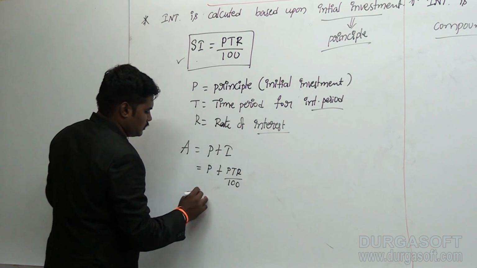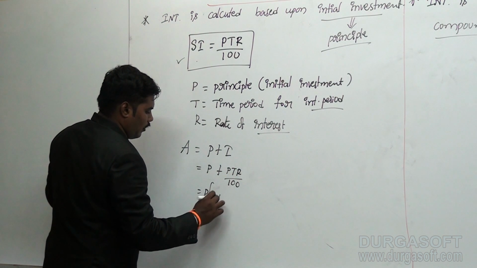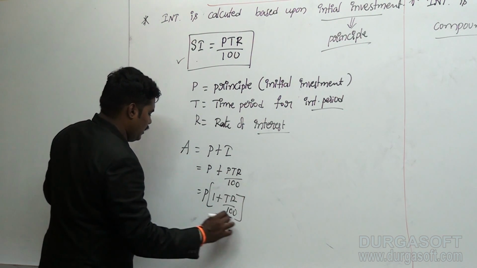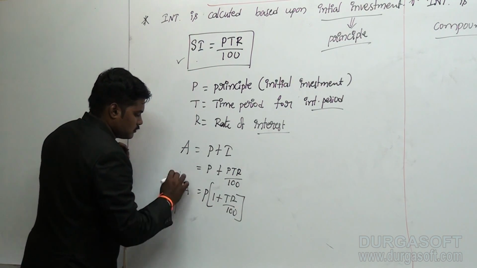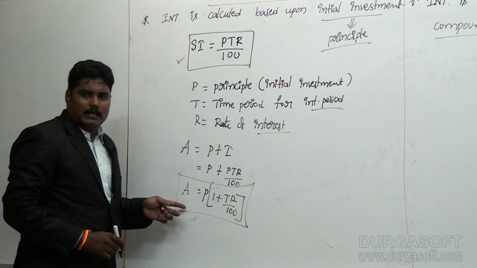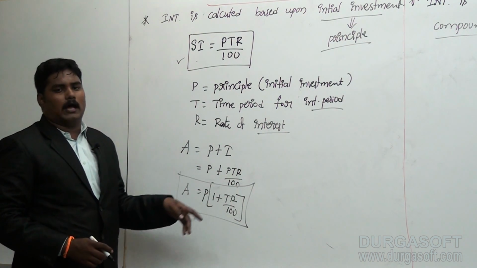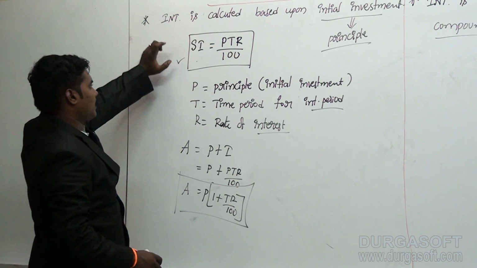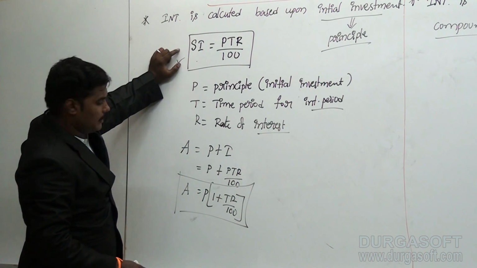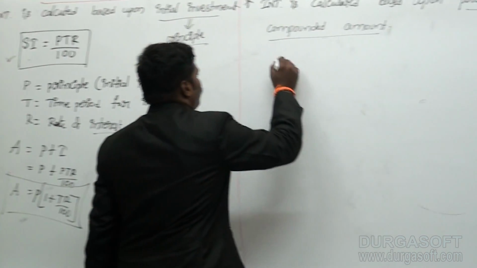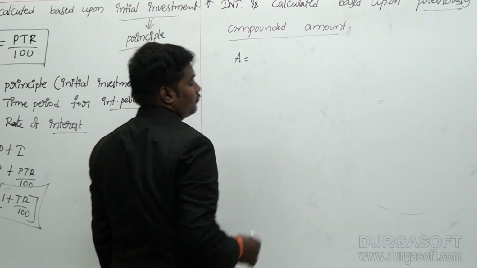When you take P common, you get P times 1 plus TR by 100. This is nothing but the amount after T years. Here A is the amount, T is the time, and R is the rate of interest. In simple interest, we first calculate the simple interest and next the amount, whereas in compound interest, we have to calculate the amount first.